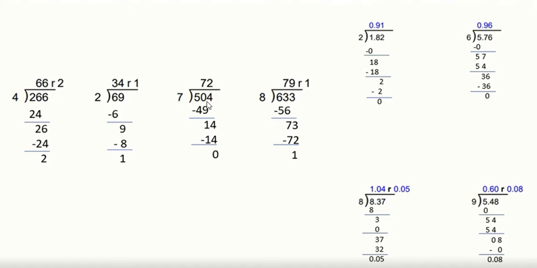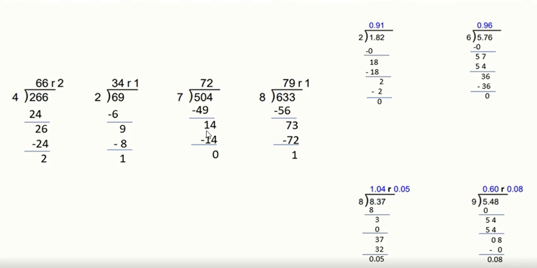And in this case, we're going to get 7 times, staying under 50. So we're going to write our 7 over this second digit here. They need to stay in line. And then we multiply this number times this number, and it's going to give us this number. In this case, it's 7 times 7 equals 49. Then we subtract. 50 minus 49 gives us 1.